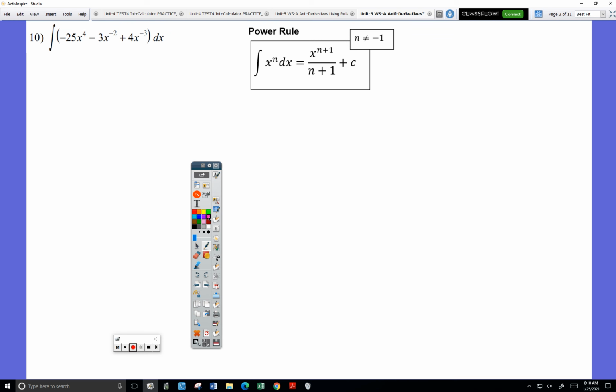And then again, remember, I'm not going to worry about the plus c until I'm at the very end of the process. The 25, the -3, and the 4 are all multiplying constants. So just write them down, don't worry about them. Then we simply use the power rule right here. We add 1 and divide by the same.